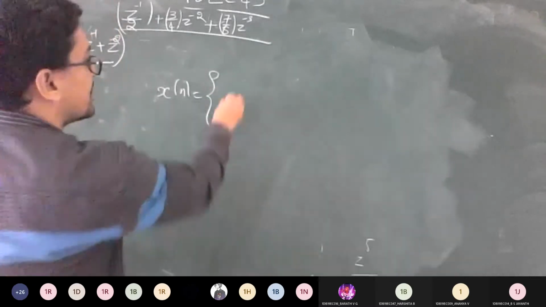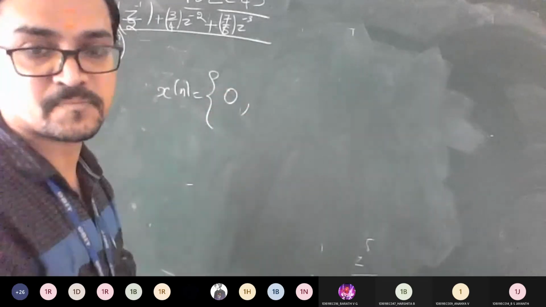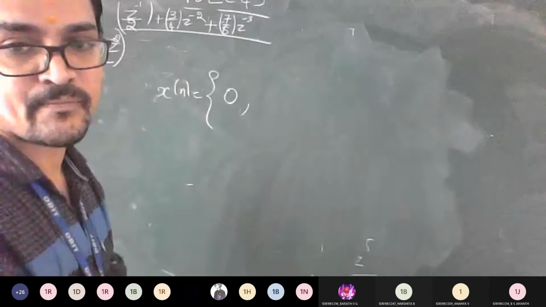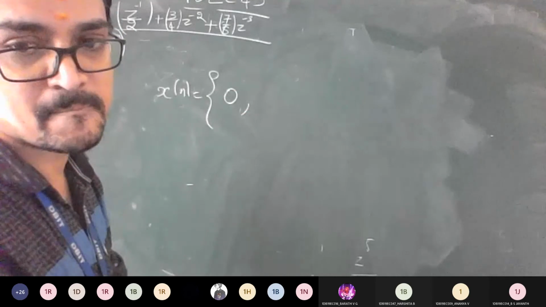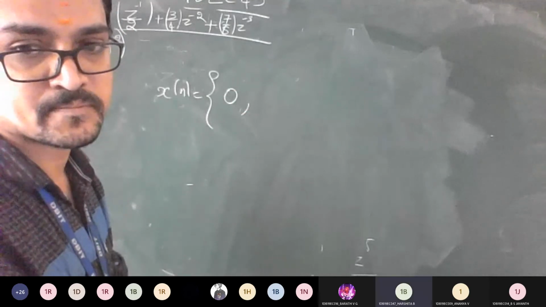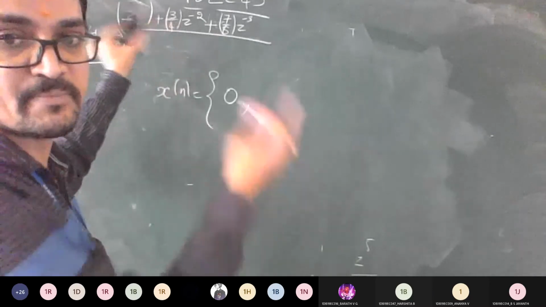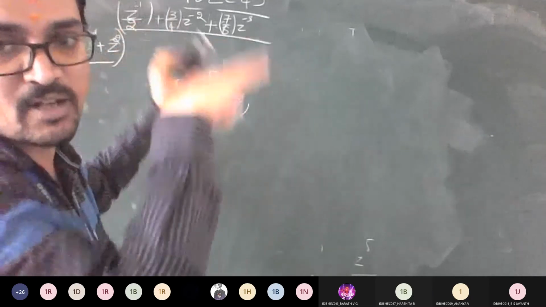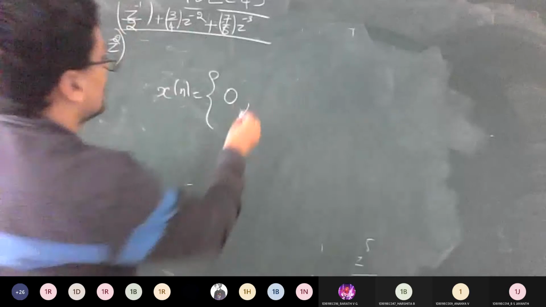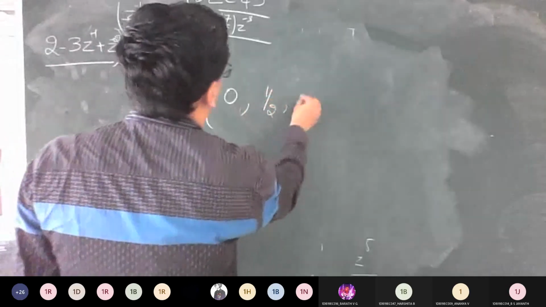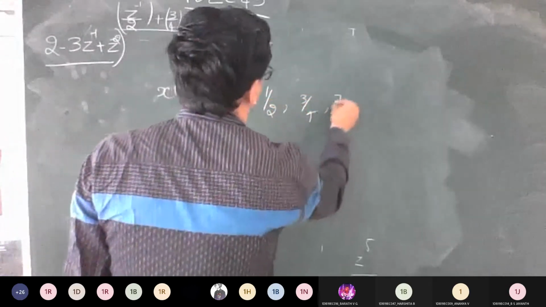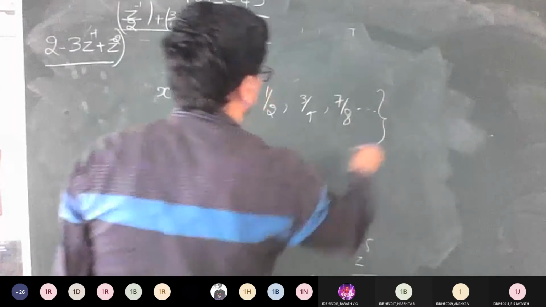Constant is not there means you should take it as 0. Correct? Yes, sir. So straight away, the value starting from z power minus 1, behind it nothing is there, constant, we'll put as 0. Then 1 by 2, 3 by 4, 7 by 8, and so on.